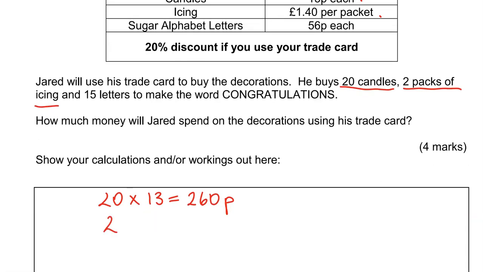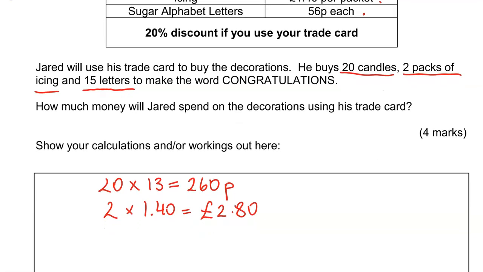So 2 times £1.40 gives us £2.80. And then 15 letters, that's 56p each. So 15 times 56 gives us 840 pence.